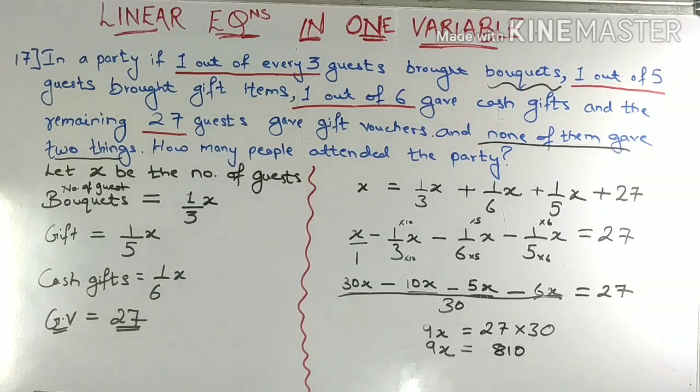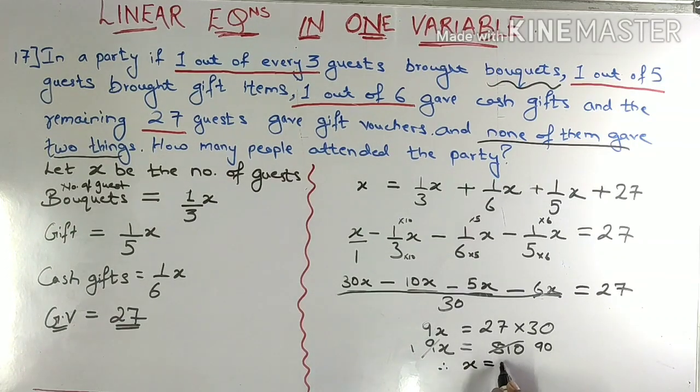So 810, 9 ones, 9 90s. Therefore, my X is 90. So the number of guests that have come in the party is 90.